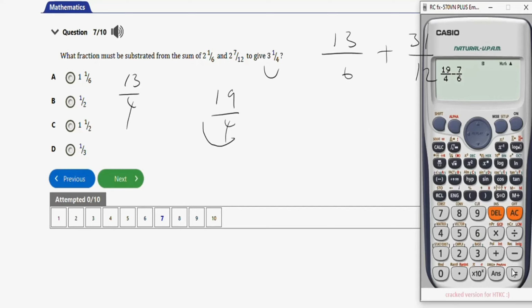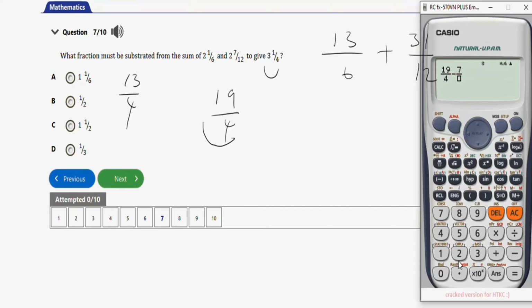Let's press equals. No. So let's check minus half. It can't be minus half. So let's check. No. Let's check C. 1 whole number, 1 over 2, something as 3 over 2. It has to be this option.